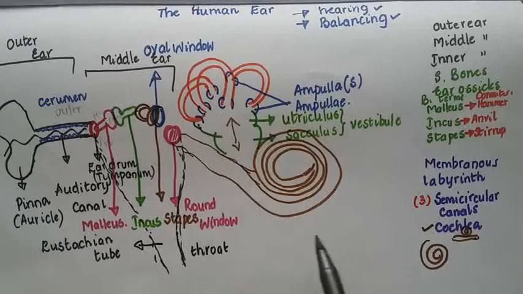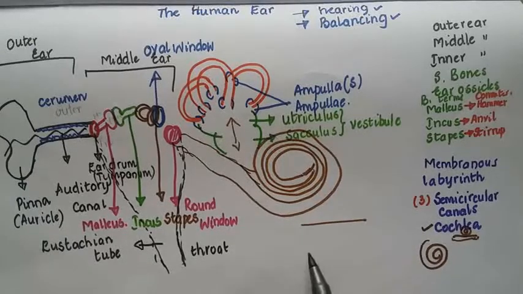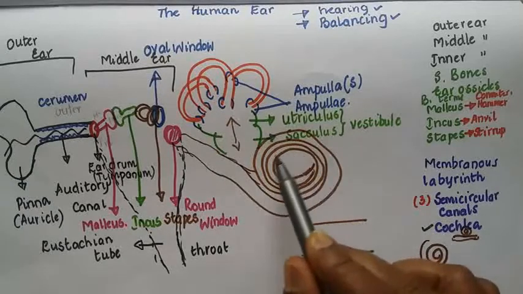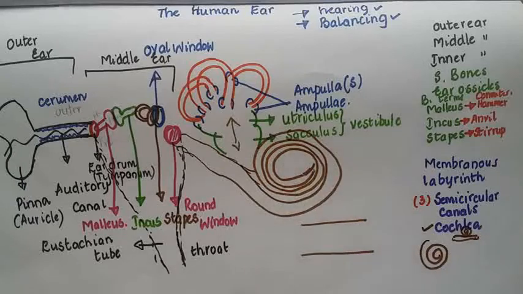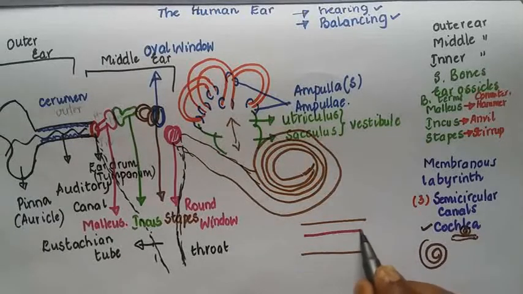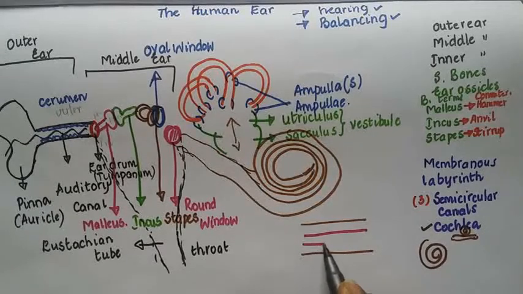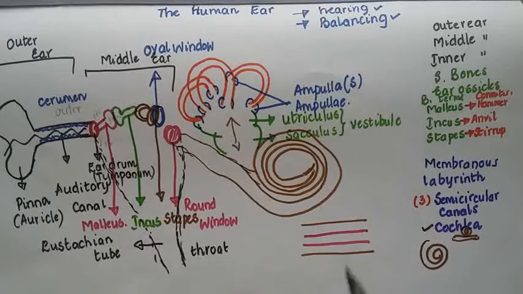I have just taken a small section of the cochlea. So let us study what we find in the internal structure of this cochlea. Cochlea internally has 3 canals which are parallel to each other and separated by membranes.